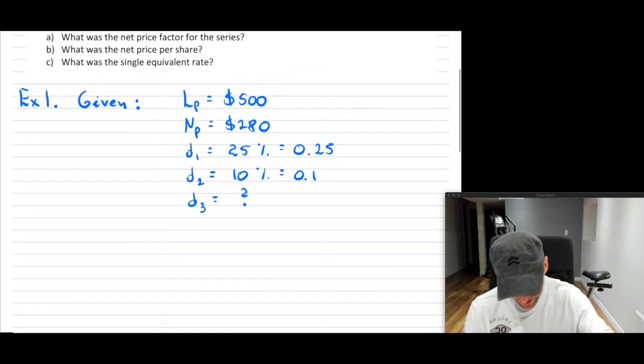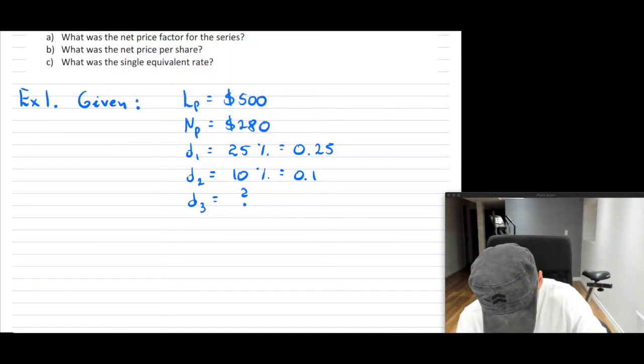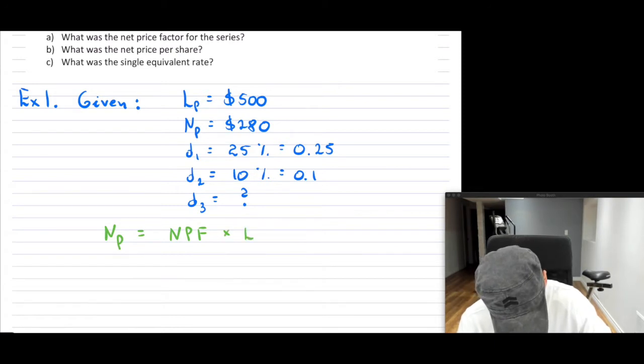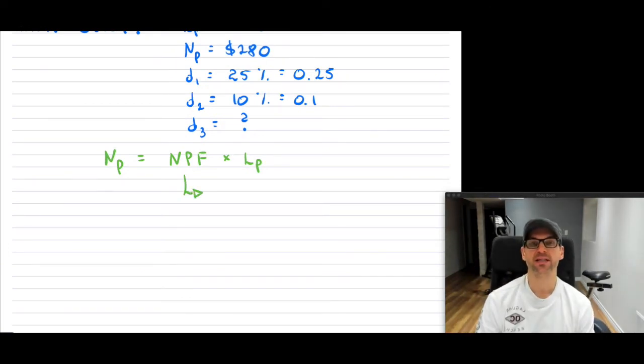So right away, whenever we have net prices and list prices, I like to utilize the formula: net price is equal to net price factor multiplied by the list price. Please do not forget, the net price factor is basically how much you are paying for each dollar of your purchase.